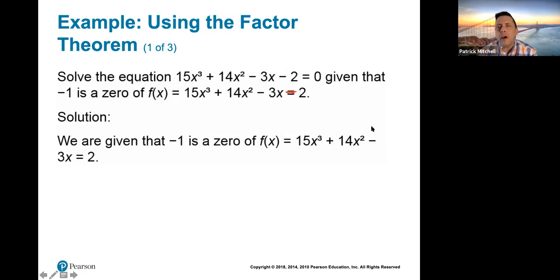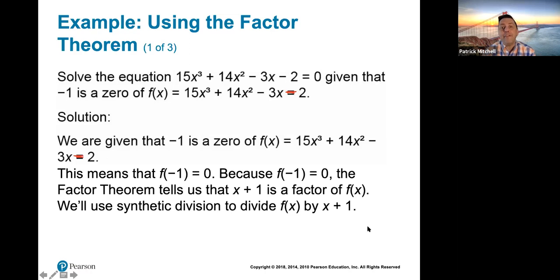All right, so we are given that, they did it again down here, didn't they? We are given that -1 is a 0 of the polynomial f of x equals 15x cubed plus 14x squared minus 3x minus 2.